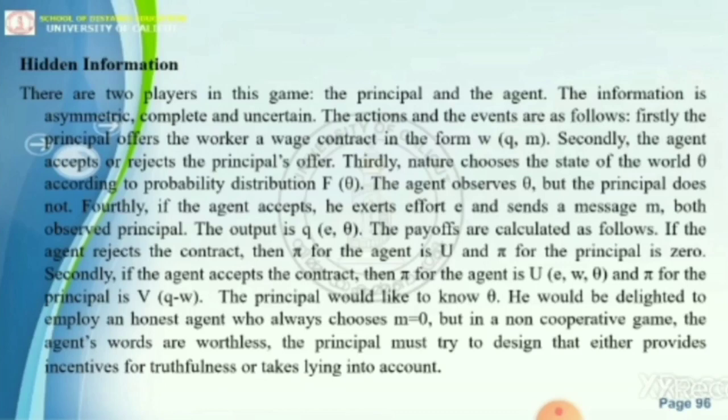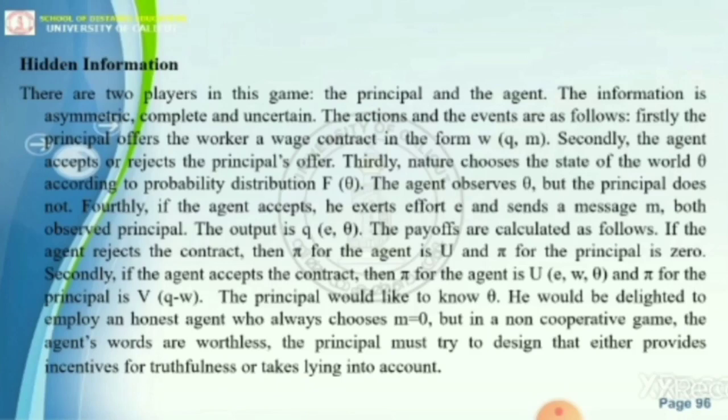Fourthly, if the agent accepts, he exerts effort E and sends a message M. Both observe output Q, that means a function of E and theta. The payoffs are calculated as follows. If the agent rejects the contract, then the profit, that is pi, for the agent is U and pi for the principal is 0.